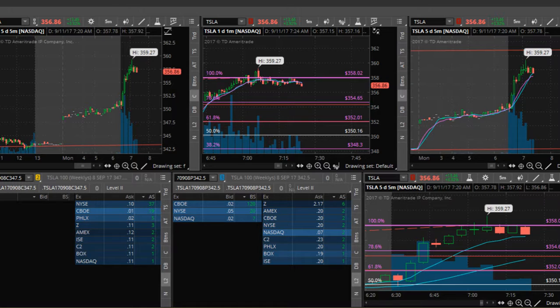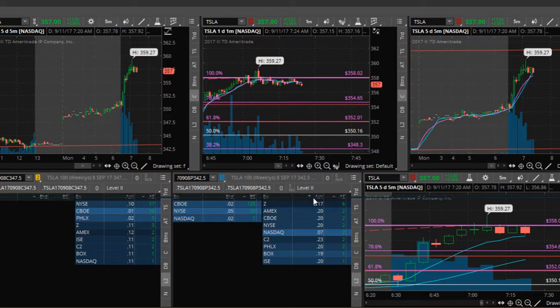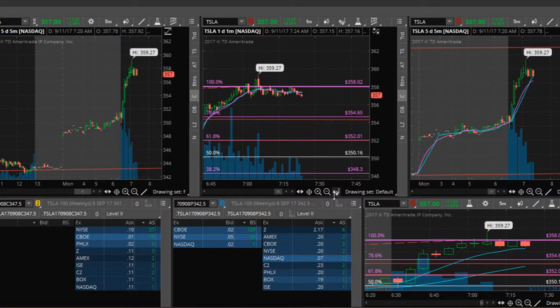A little bit more. We don't need those level 2s anymore.